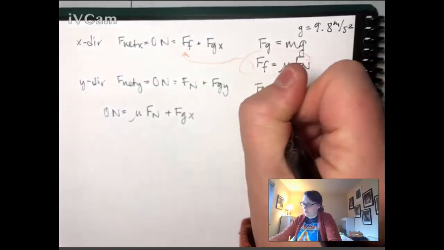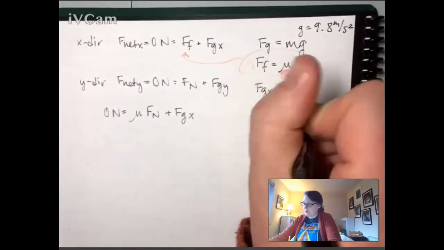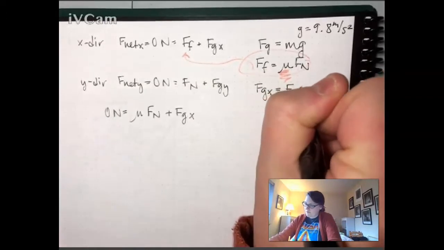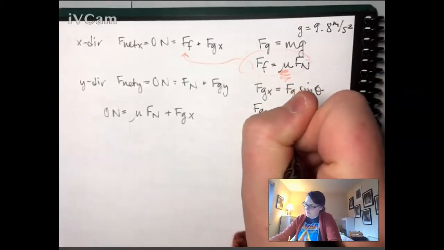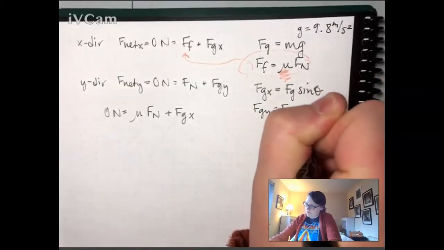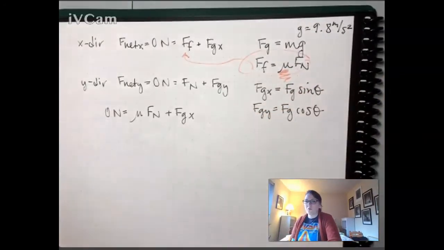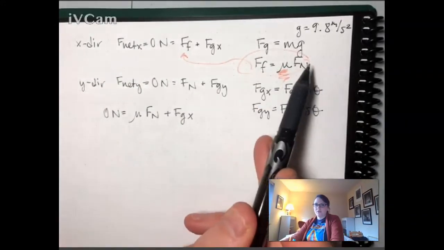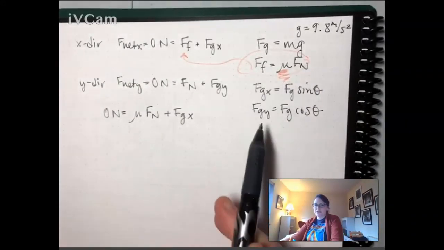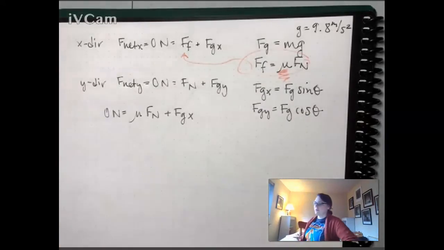I'm going to write over here what my other equations were that I solved for in the last part. So I've got 4 equations, and you'll notice force of gravity, normal force, force of friction, force of gx, force of gy. We've got each of our forces labeled there. So we actually have all the equations we need to solve this problem.